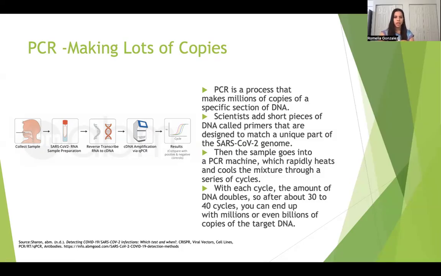This temperature cycling is what allows the DNA to be separated, copied, and then rebuilt. With each cycle, the amount of DNA will double. So let's say we have about 30 to 40 cycles. At the end of the entire process, we will have maybe millions to even billions of copies of the target DNA. If the virus was present in the original sample, the process will boost its genetic material and it will give us a signal to be able to pass on to the next step.